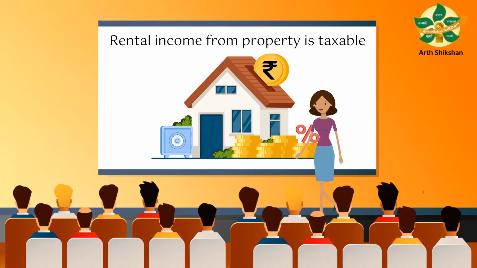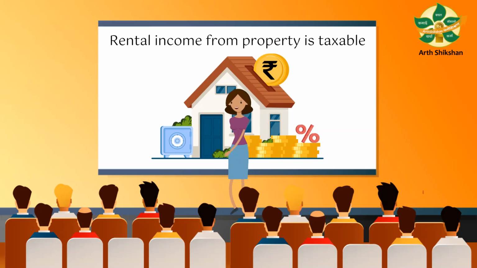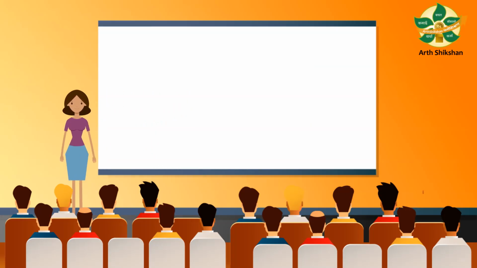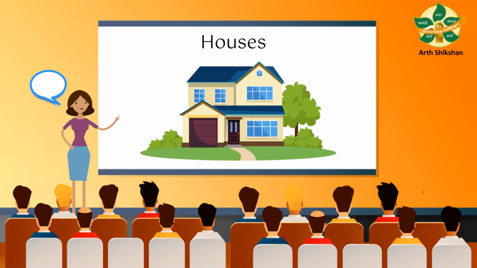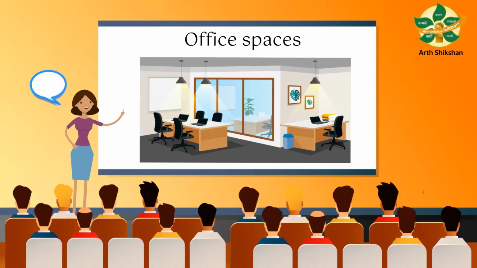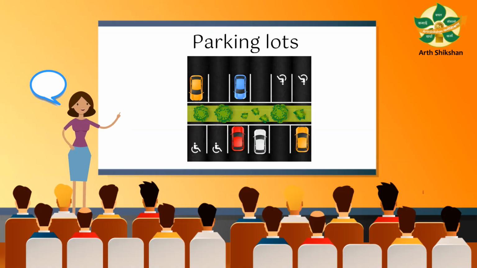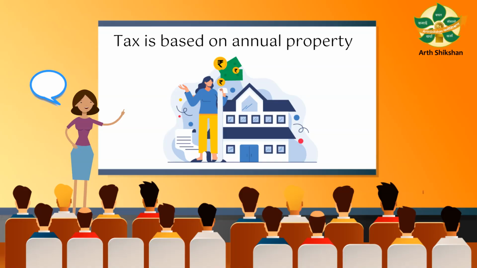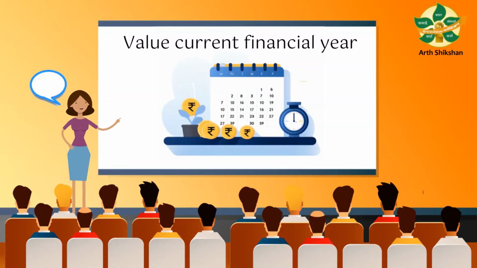Second income category is income from house property. If you receive rental income from a property you own, it is subject to taxation. This includes houses, buildings, office spaces, parking lots, or any other type of real estate. The tax is based on the annual property value for the current financial year.